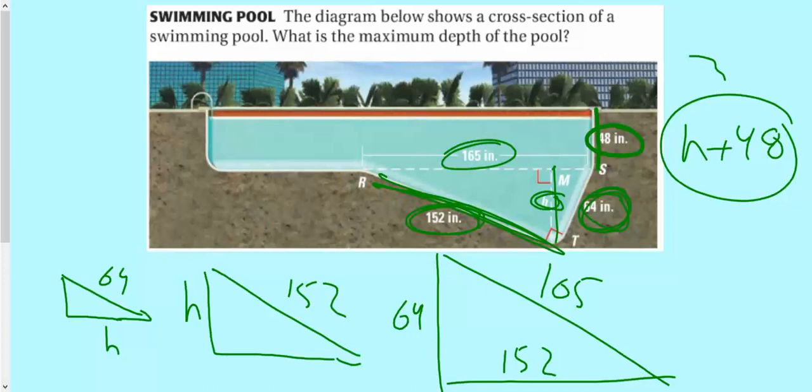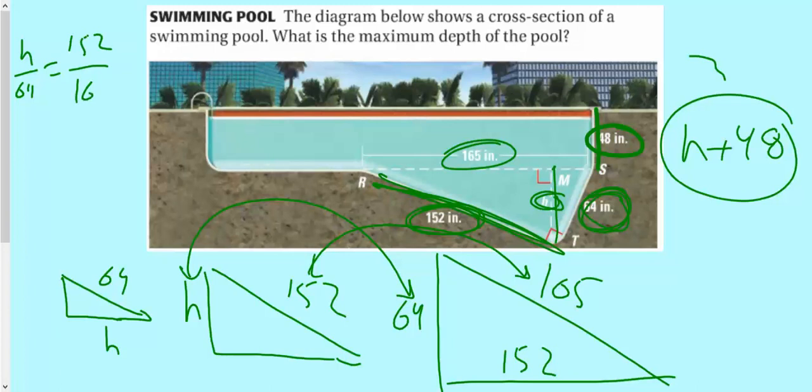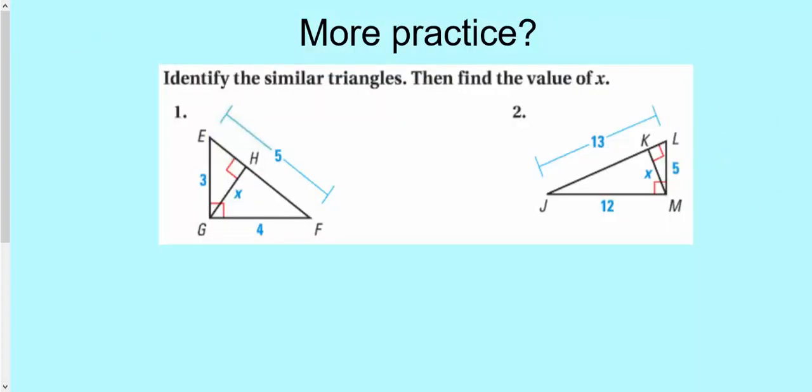What you're going to do is you need to have H and corresponding segments. So I can do H divided by 64 equals 152 divided by 165. Then you can cross multiply and solve for H, and then add 48, and you're going to have your answer. So that's the strategy that you guys are going to be using for this.